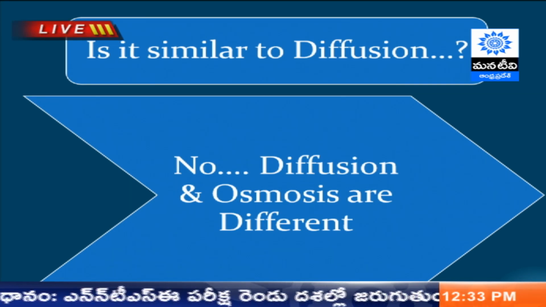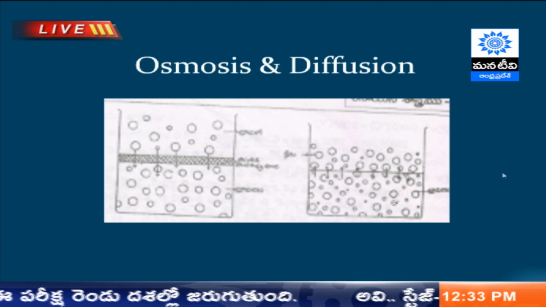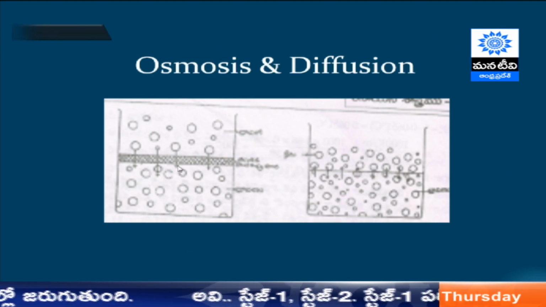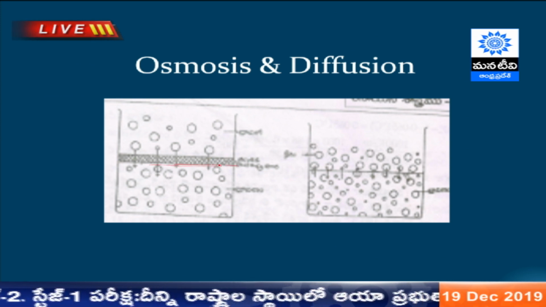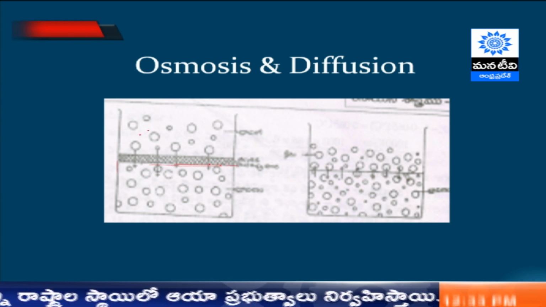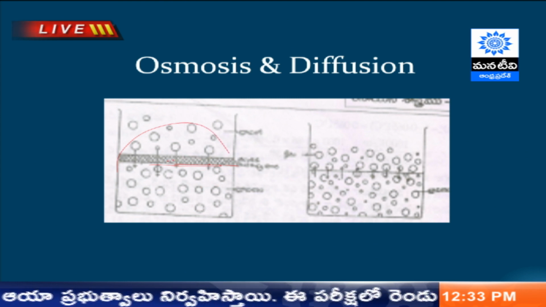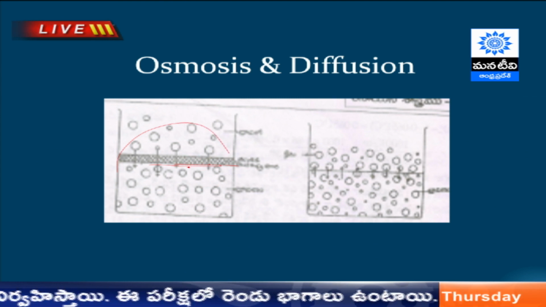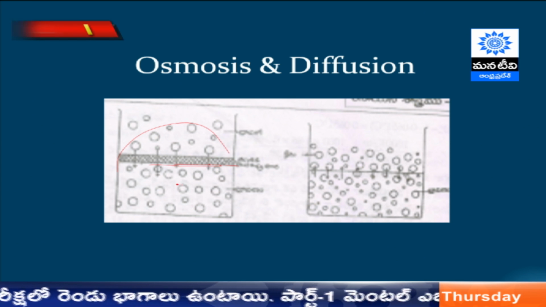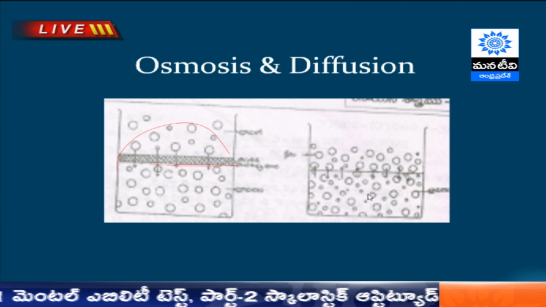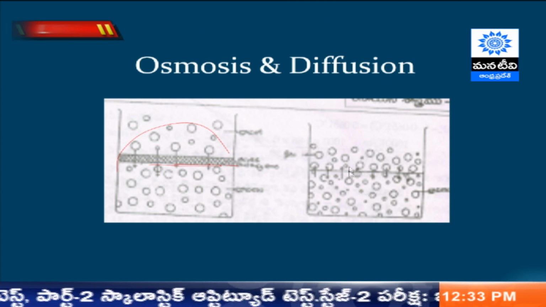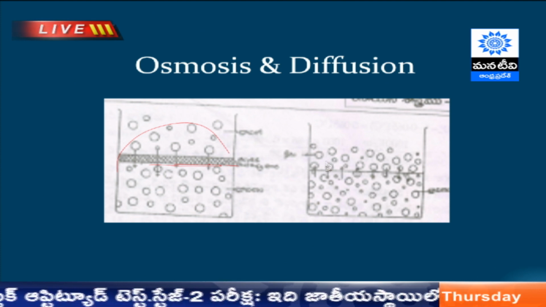And also you can see in the diagram, in the left side diagram, there is a partition. So, the same vessel has been divided through a partition. The left hand side represents osmosis and on the right hand side there is a flow of solute and solvent in opposite directions.